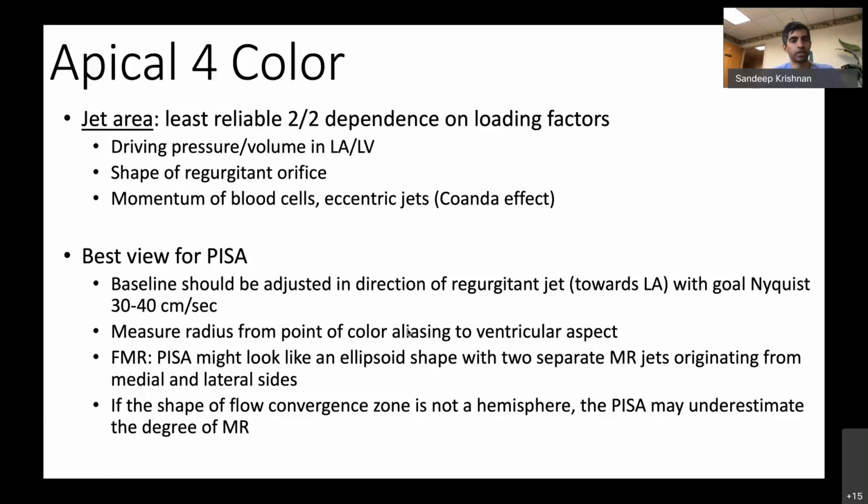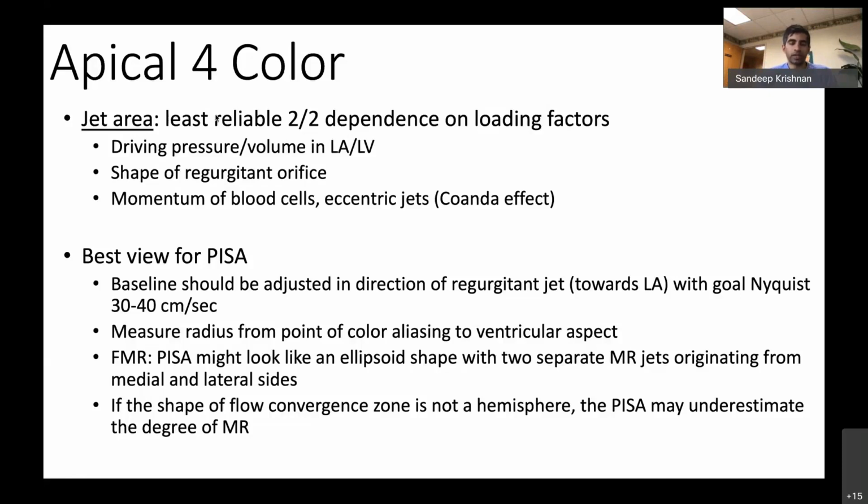The jet area is the least reliable, and that's because of all the loading factors and what the patient's intravascular volume status is and whatnot. So that's not something that I spend a lot of time trying to calculate, and that's really not what I look at. But PISA is very important, and we try to do that as accurately as possible.